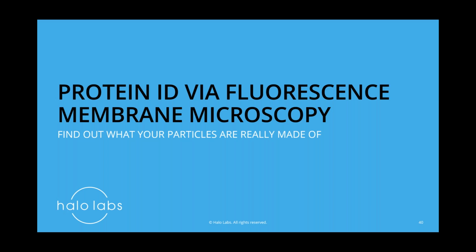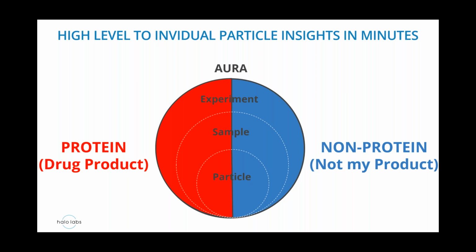And now moving on to some of the newer capabilities that we like to showcase, which is to really understand: sure, you may have some particles, but what are they really? We added some amazing fluorescence capabilities to do protein ID detection on the tool.